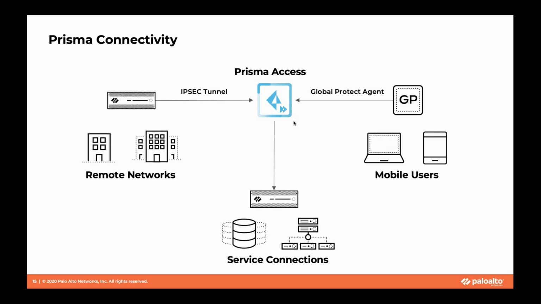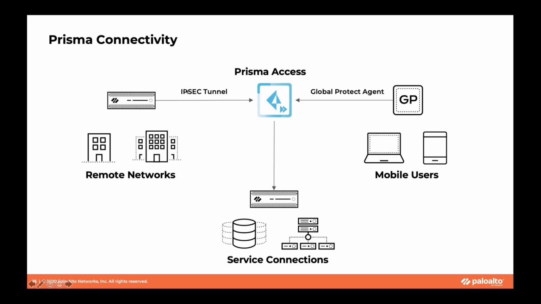On the other hand, we have our branch offices. These are the remote networks, okay? And on the right side, we have the mobile users. Now, mobile users use the GlobalProtect agent to connect to Prisma Access. And the remote networks, they can be connected with an IPsec tunnel.